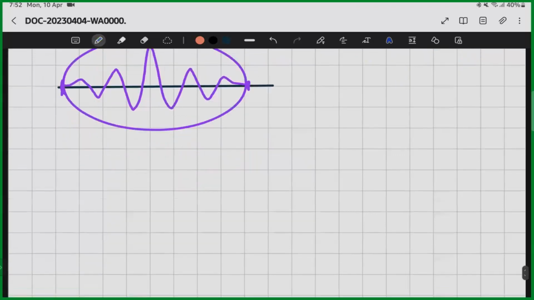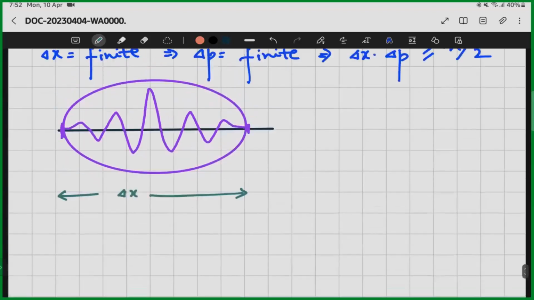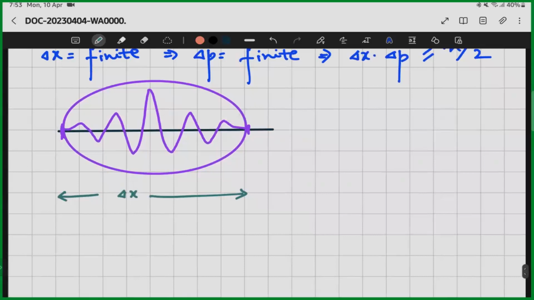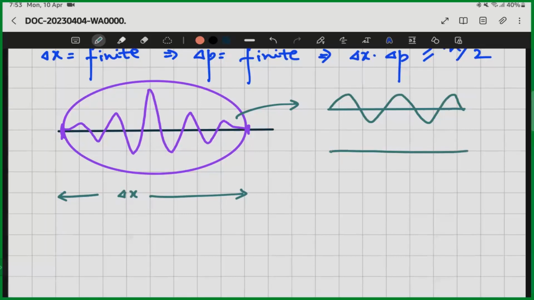But it has uncertainty in position. This is the uncertainty in position, del x. So if there is some uncertainty in position, there will be some uncertainty in momentum as well. How can we say that? If we break down this graph, it is not a single wave. It is actually lots of waves, some with other phase factors, lots of waves having different lambda.